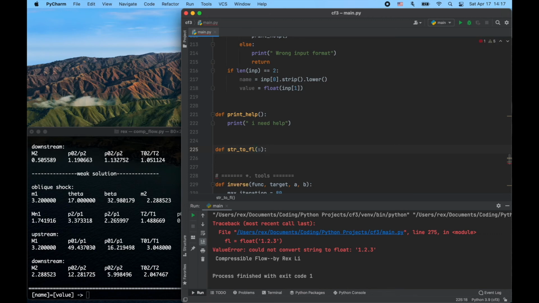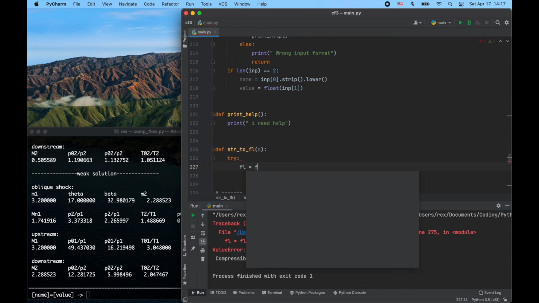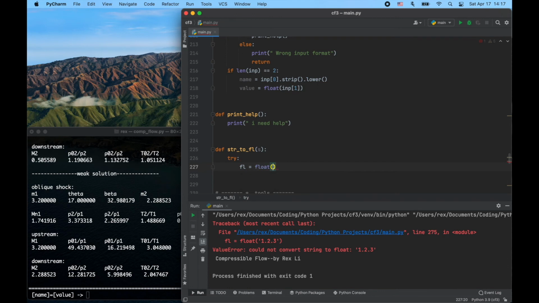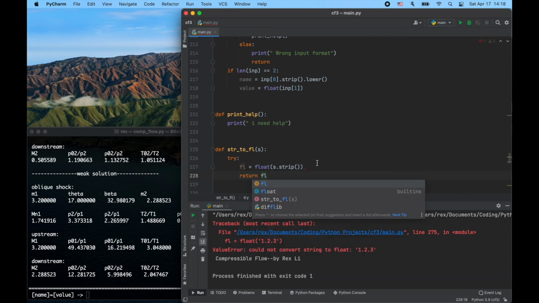Sorry, we used strip. Return the float number. Or if we encounter an exception of the type ValueError, we return None.